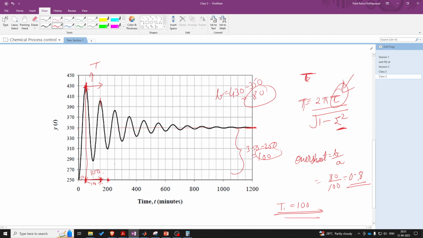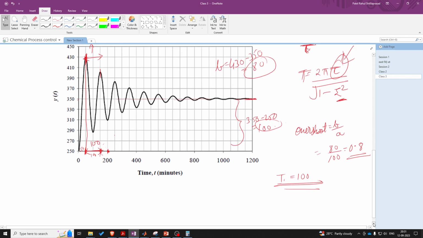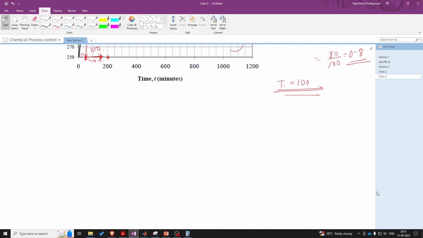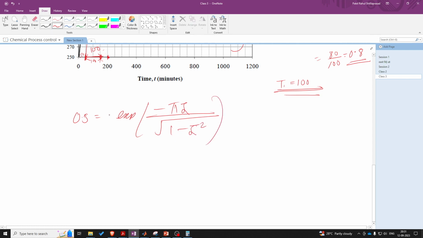And now we will use the formulas of both of these terms and try to find the value of zeta. The first thing was that the overshoot ratio is exponential of minus pi zeta upon under root of 1 minus zeta whole square. And this term we found out as 0.8 from the plot.